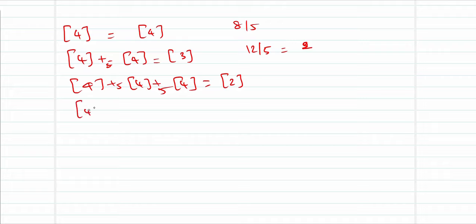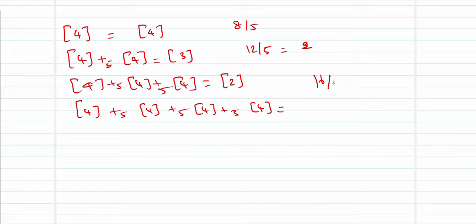Now let me take 4 copies of 4: 4, 8, 12 and 16. What is 16 divided by 5? This leaves a remainder of 1.